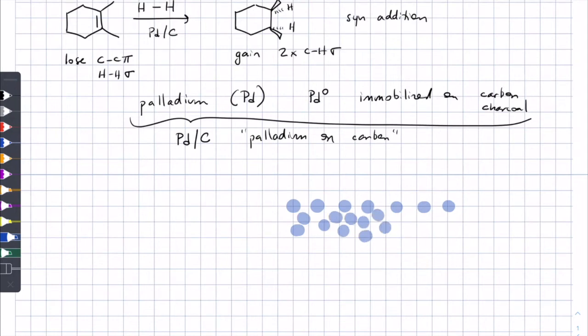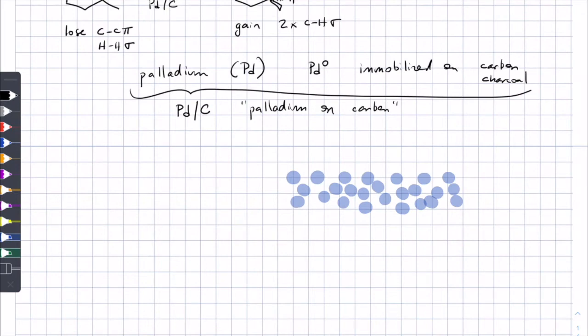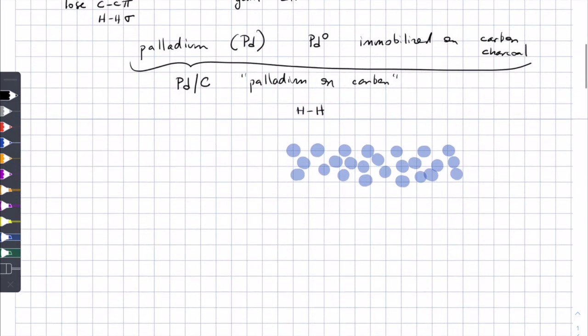I'm making no comment whatsoever about how close they are to each other, nor am I saying anything about where the carbon is. But basically, palladium takes hydrogen and it breaks the hydrogen-hydrogen bond, and it replaces that with bonds between the metal and hydrogen, a metal hydride.